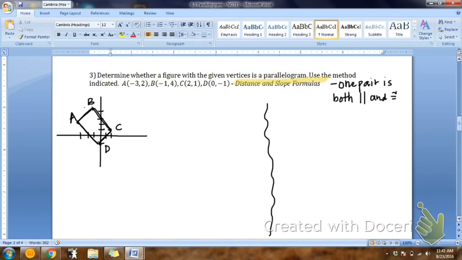All right, so for this, if we check the slope first, I'm just going to check AB with CD. Is AB parallel to CD? That's what I'm checking here.